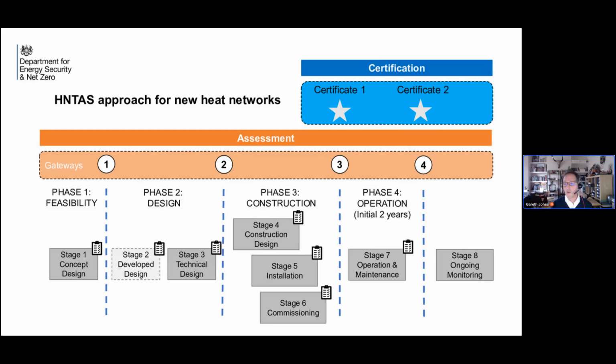There's then an initial 2-year operation period in which there's still assessment before we get another certification. Post that, we actually move on to a totally different regime where we just get reporting of KPIs, and that's just an escalation process in the case that things go outside of the bounds.